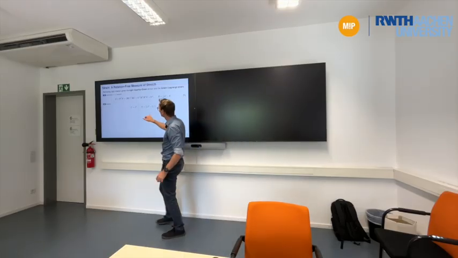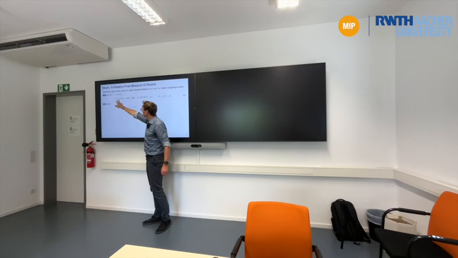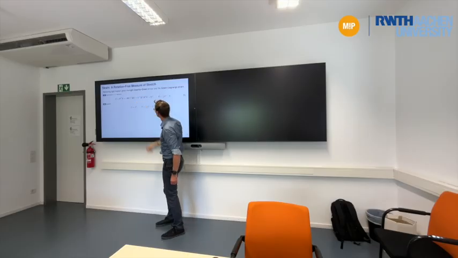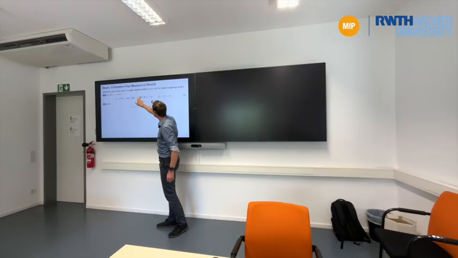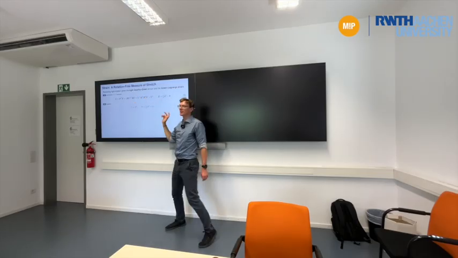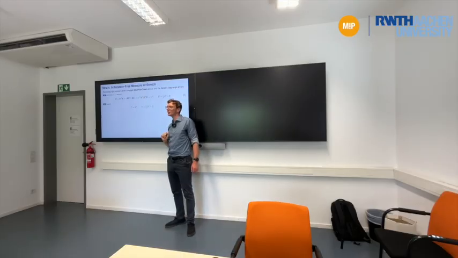So if we assume the deformation is the product of a pure rigid body rotation and a stretch, then we can write it this way. We can write F transpose F as R times U, transposed, which is U transpose R transpose. Oh, there's a transpose too much. Okay, this is wrong. It should just be U transpose, R transpose, R, and U. And what happens to R transpose R if R is a rotation?